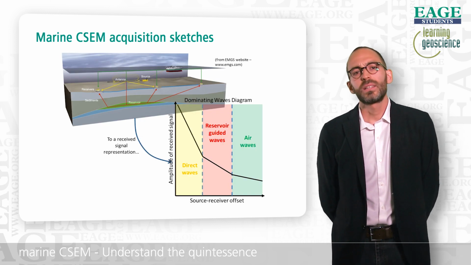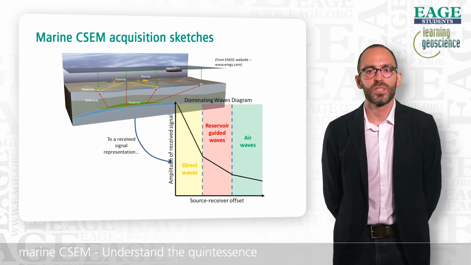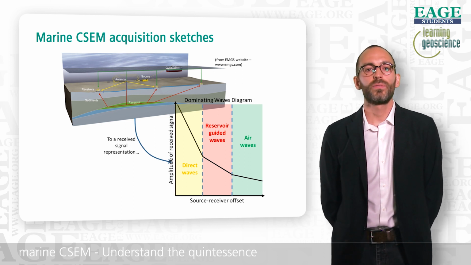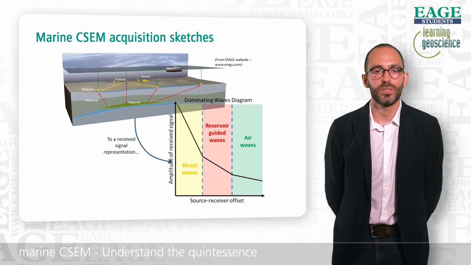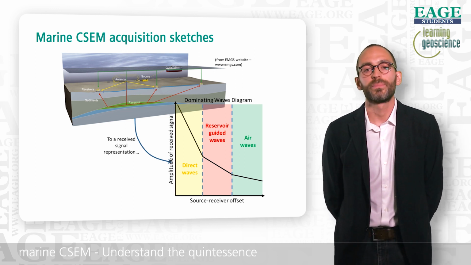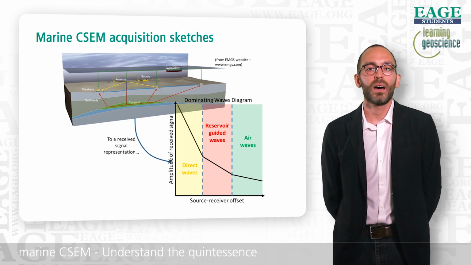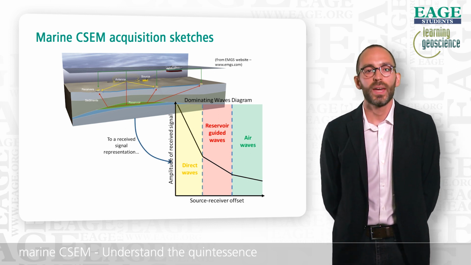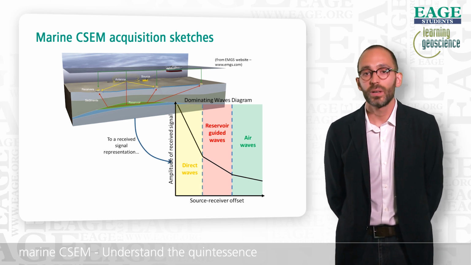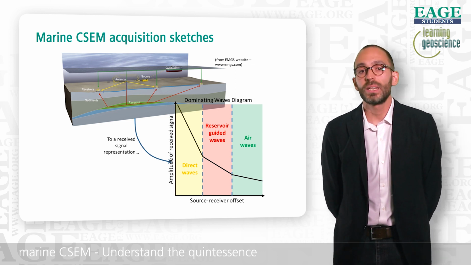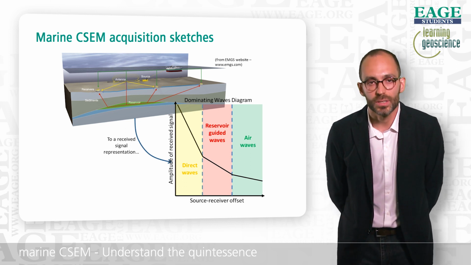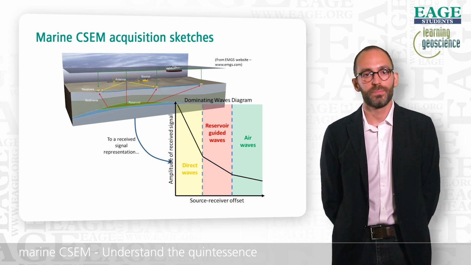Here is a slide to describe a typical acquisition scheme and the different kinds of diffusing waves observed with the mCSEM acquisition. On the top image, you can see electric and magnetic field receivers laid on the seafloor, and they record a time series measurement of the fields, in particular those emitted by the transmitter, the source, which is a horizontal electric dipole.